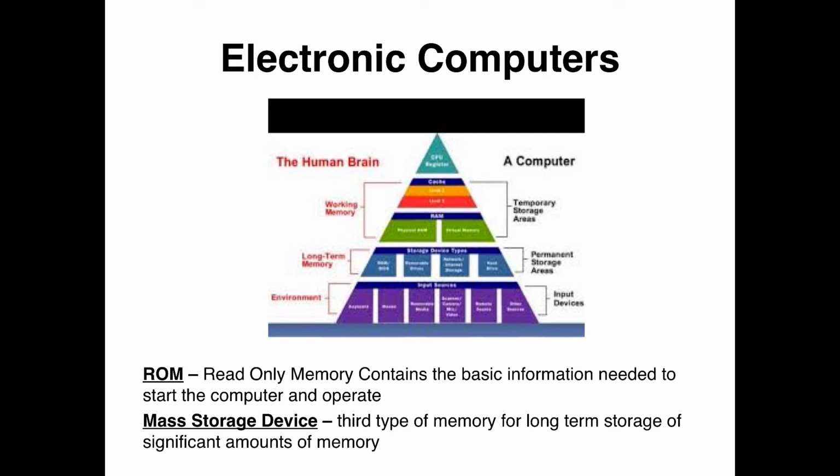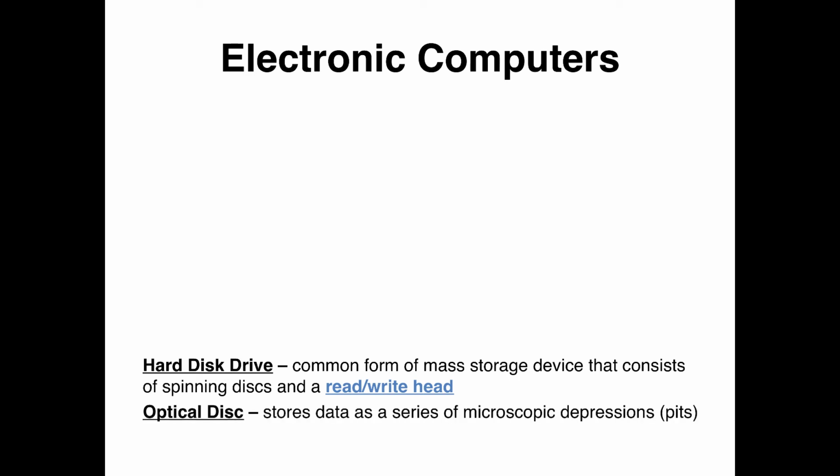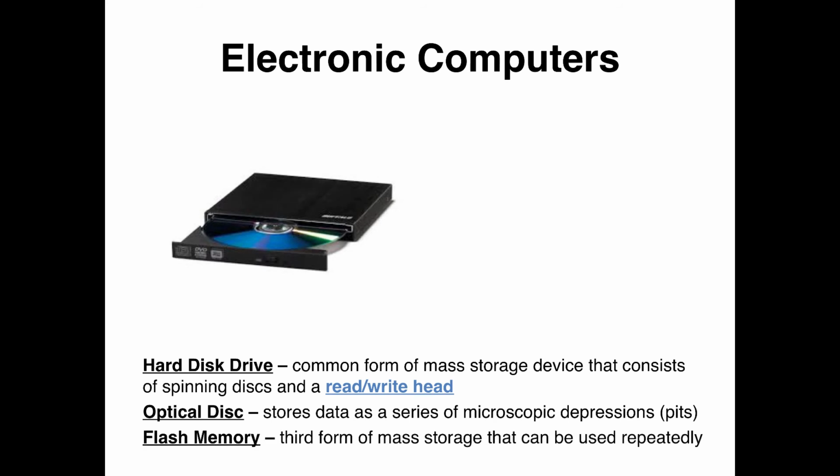If you want to play a game that is very complicated, you need a lot of random access memory in order to operate that game. Now, hard drives are drives that have the long-term memory, and they can use a spinning disk to do that, or they can be optical, or they can be flash memories.